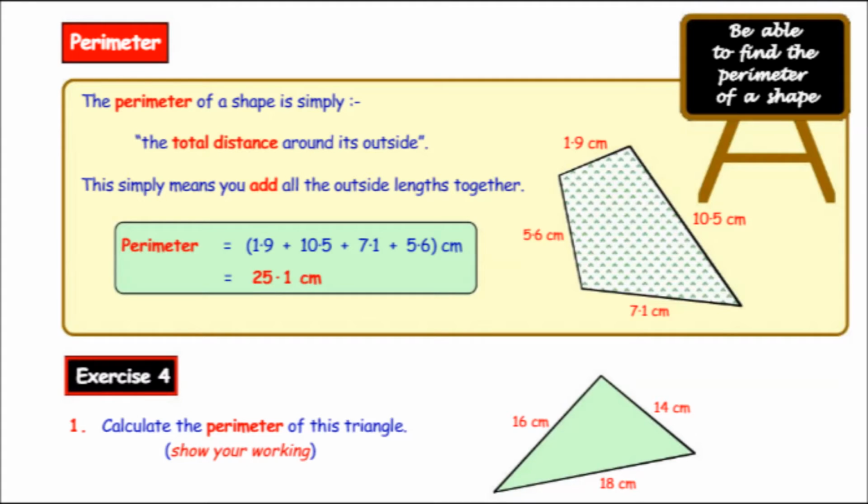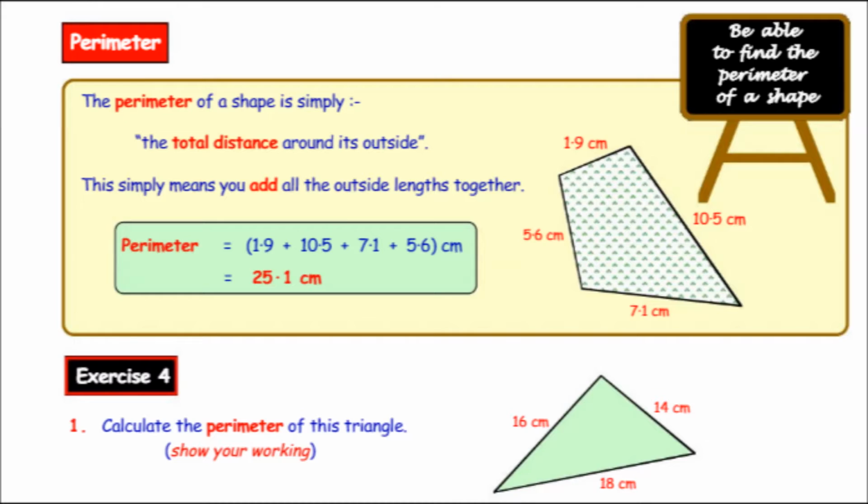Okay, so let's look at the exercise. This is exercise 4, and we're going to do the whole down to the bottom of the page. 1, 2, 3, 4. Now, number 1, it says show your working. I don't mind if you want to set it out like the way in the yellow box or in the way that I've shown you.